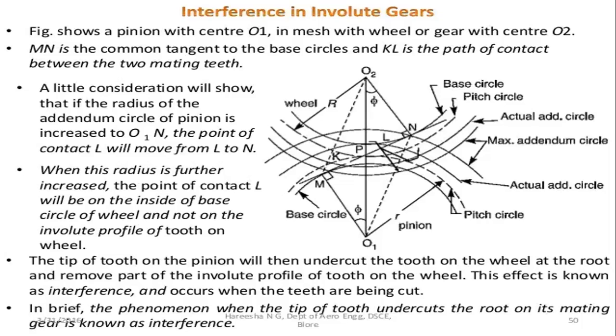Then the tip of the tooth of the pinion will undercut the tooth on the wheel at the root part.